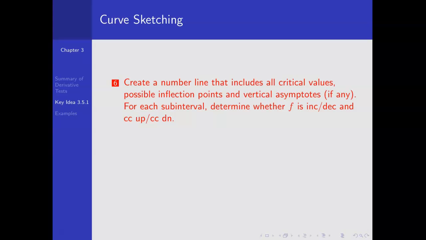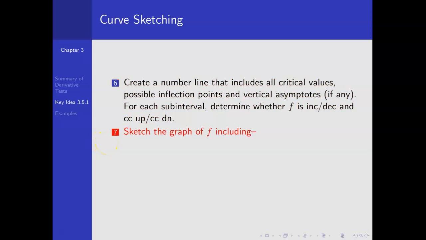We're going to determine whether f is concave up or concave down. And we're going to label the number line that way. And we're also going to label the way the graph should look. For example, if we were increasing and concave up, it should go that direction. If it's increasing and concave down, it's going to go like that. If it's increasing and concave up, it's going to go like this, and so on. And we'll see that in examples.